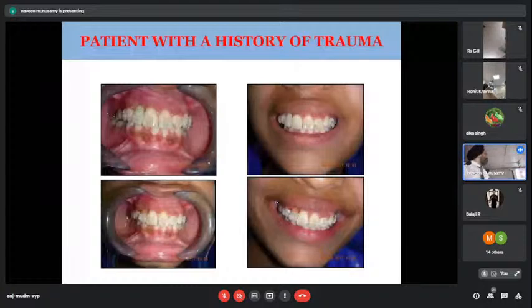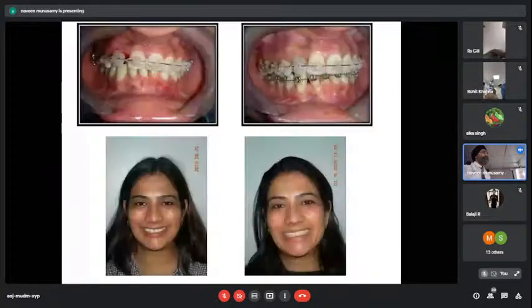So another case in which somebody had crown lengthening and post and core, and then brought this canine into the front. Obviously, we did the torque control, and here we closed all the teeth and closed all the space.